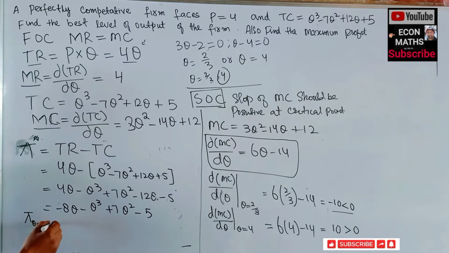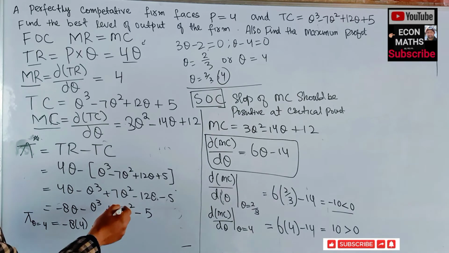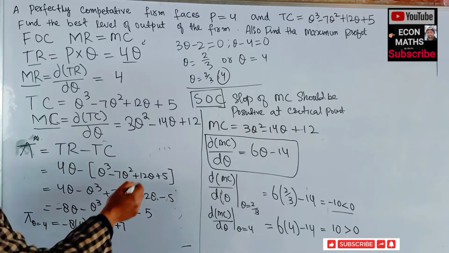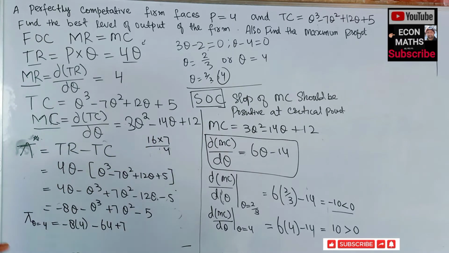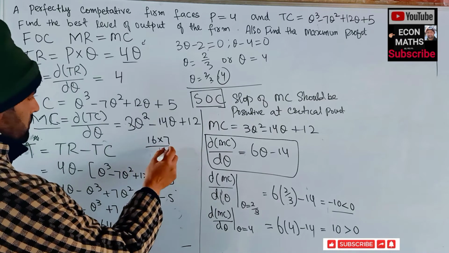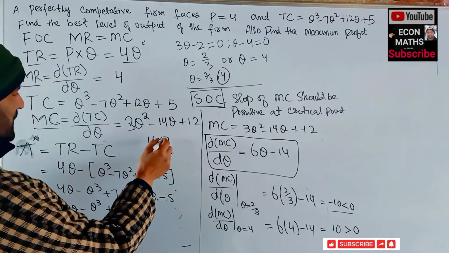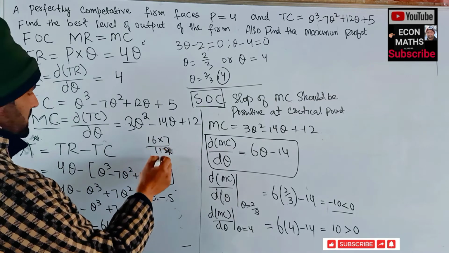Now putting these values here, this is minus 8 times 4, minus 4 cubed: 4 fours are 16, 4 sixteens are 64. So this is 64, plus 7 times 4 squared. 4 fours are 16, 16 times 7 is 112.